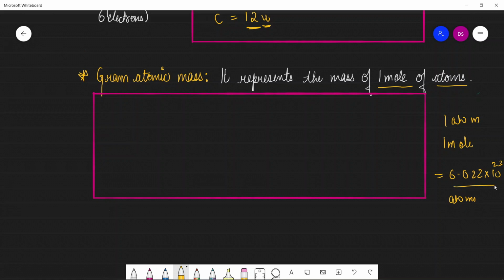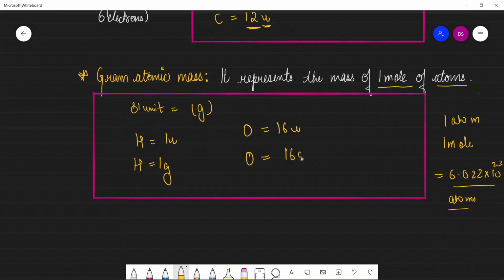The mass of these many atoms is going to give us gram atomic mass. The SI unit for this one is grams. If I say hydrogen has atomic mass of 1U, it has gram atomic mass of 1 gram. Oxygen has atomic mass of 16U, so it has gram atomic mass of 16 grams.